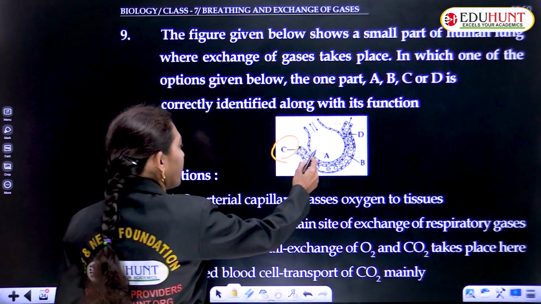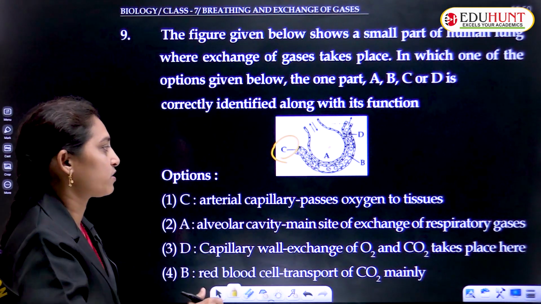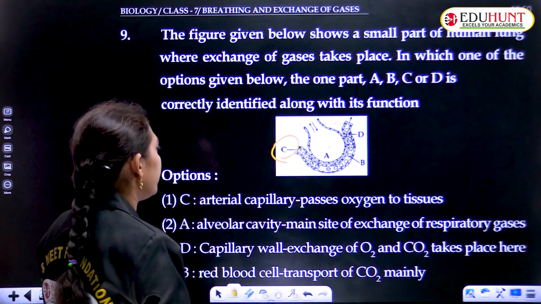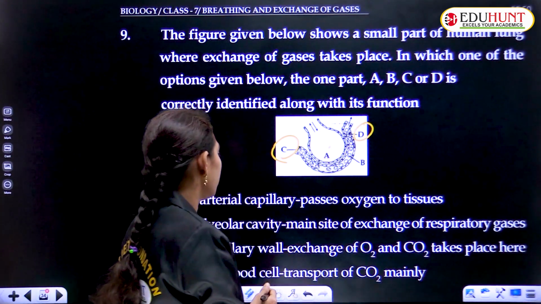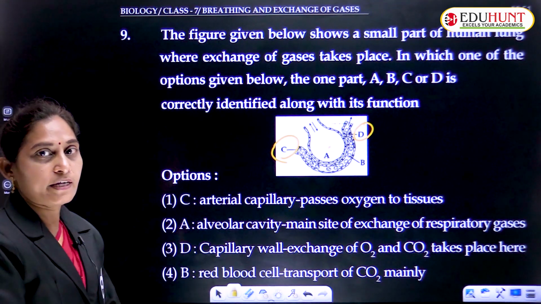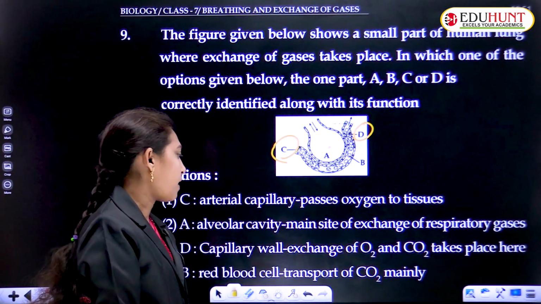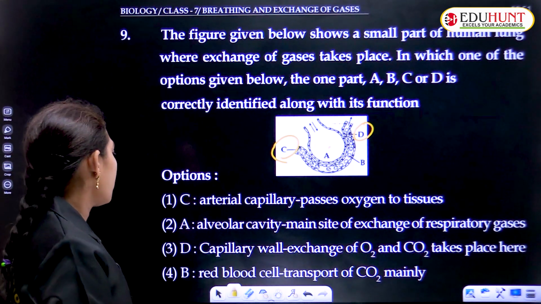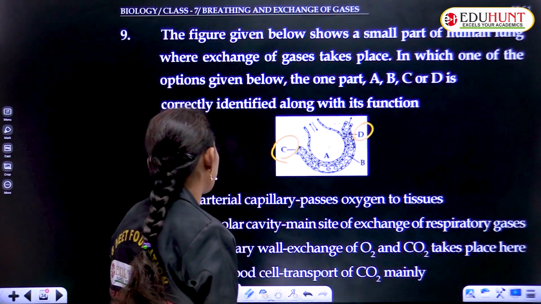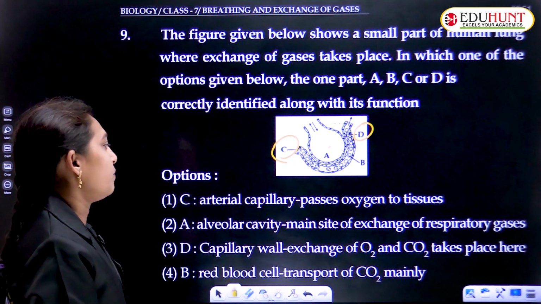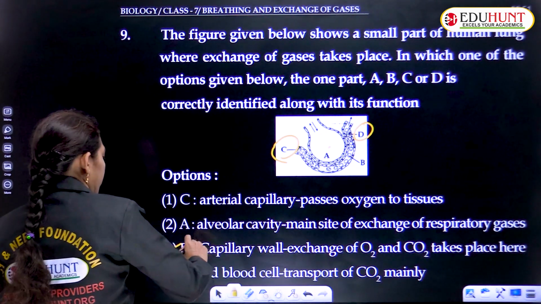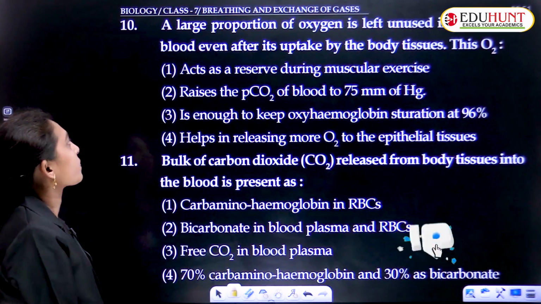A, alveolar cavity, main site of exchange of respiratory gases. D is the capillary wall, where exchange of oxygen and CO2 takes place. And B, red blood corpuscles, transport of CO2 mainly. So obviously the capillary wall exchange of O2 and CO2 takes place, and the alveolar cavity is the main site of exchange of respiratory gases. So this is also a correct option.